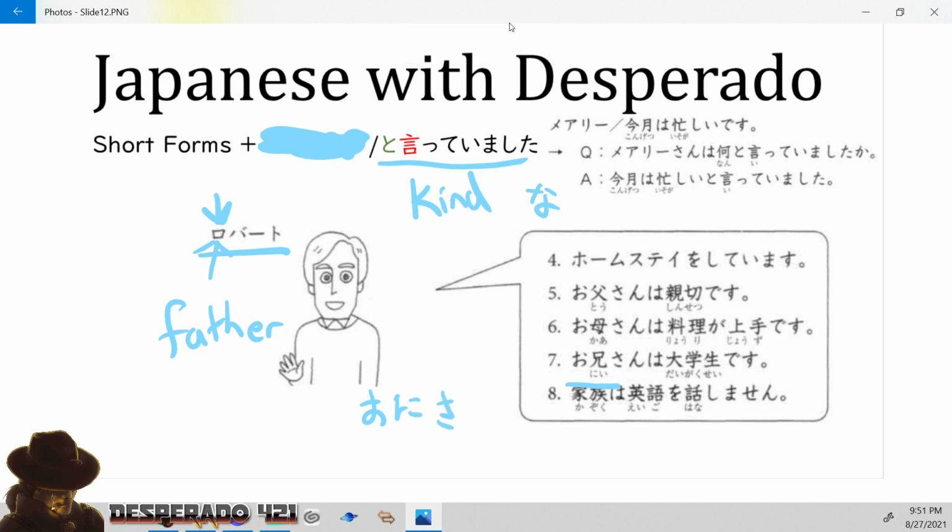Brother is a high school student. Wait, is daigaku a teacher? No, wait, nope. Daigaku sei. Oh, wait. The brother goes to university. Very good. So he's a university student. Okay.